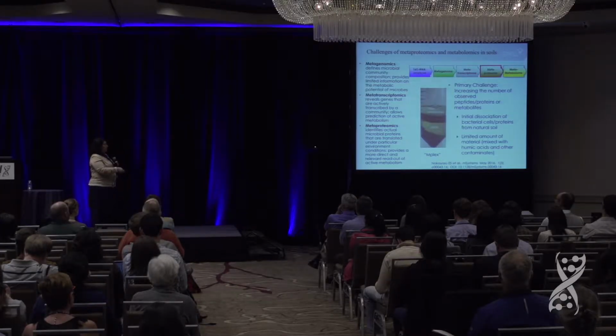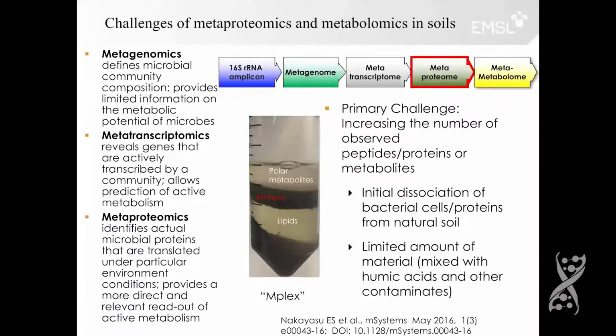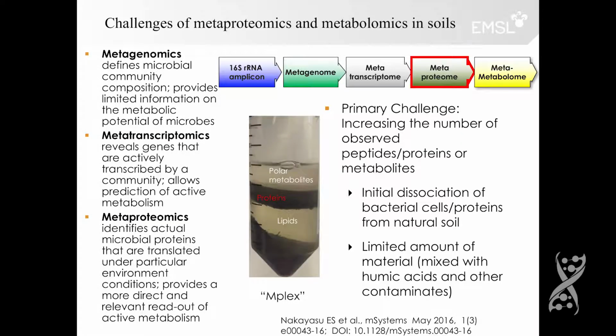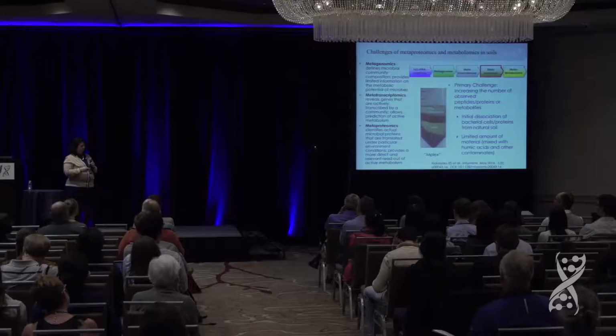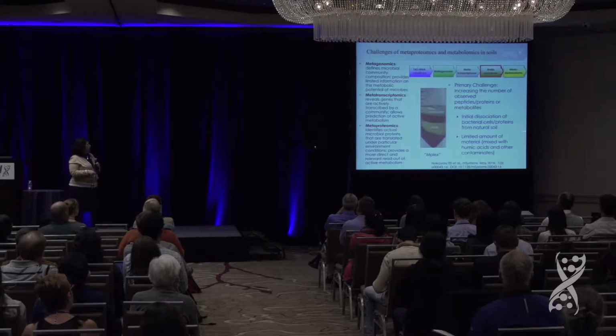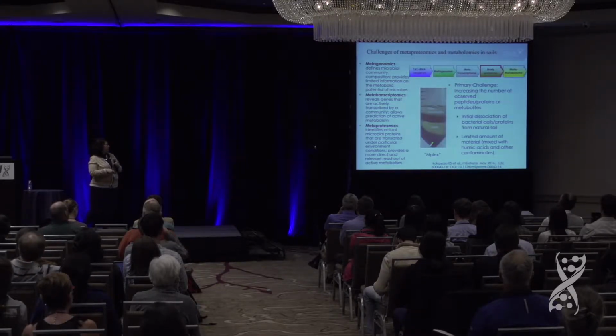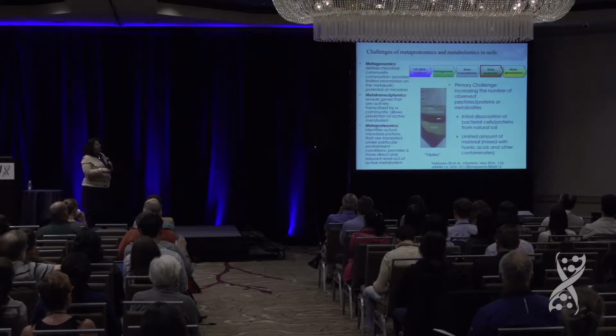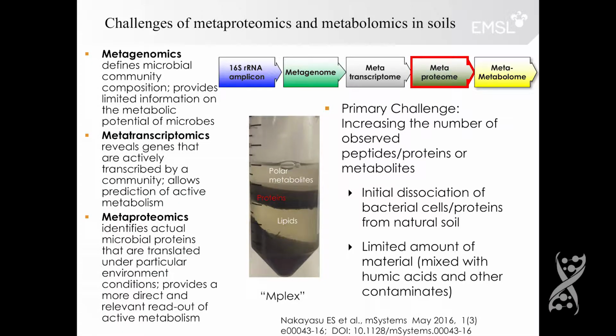Typically this is very clean and it has a very nice protein band, and then you try it on soils and you get this, where we see the debris at the bottom and our protein band is extremely thick because there's humics and other stuff in there, and our lipid and our polar metabolite extractions are brown, which means there's an awful lot more contaminants in there.